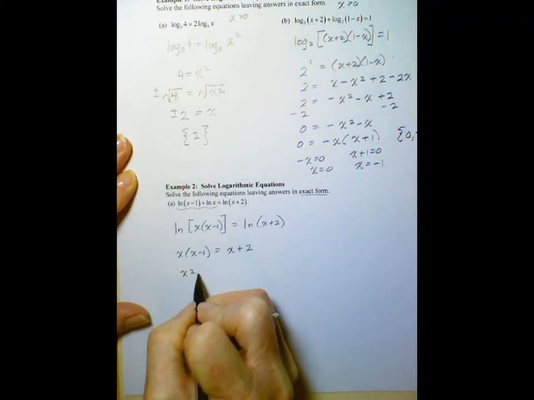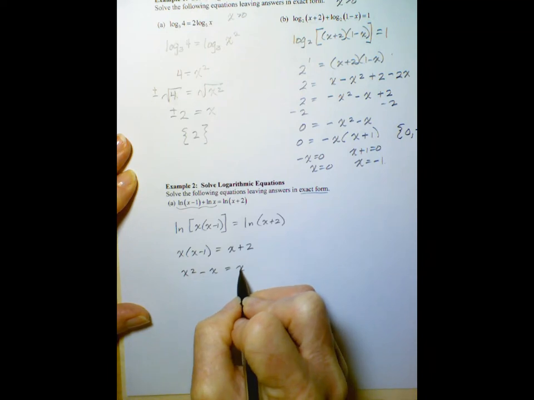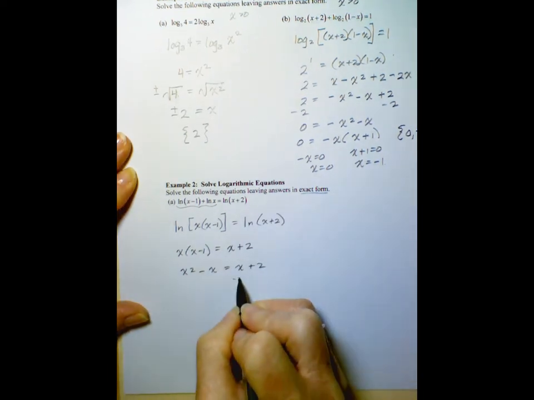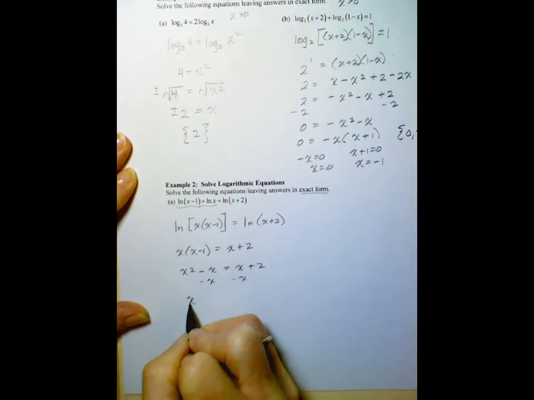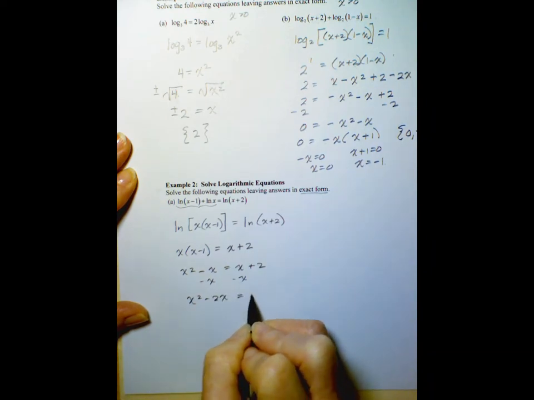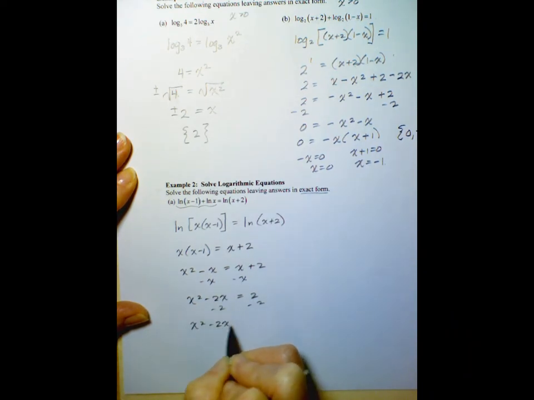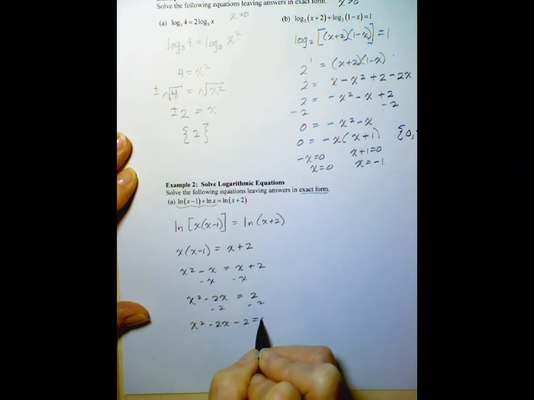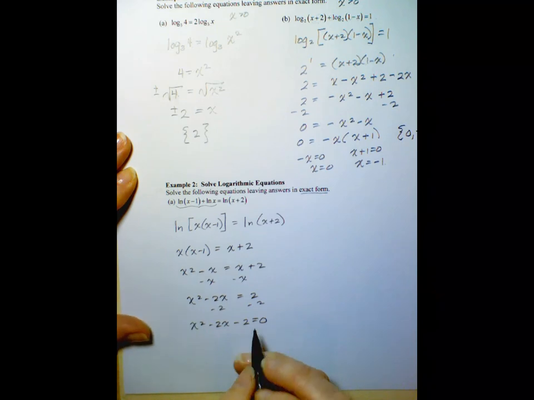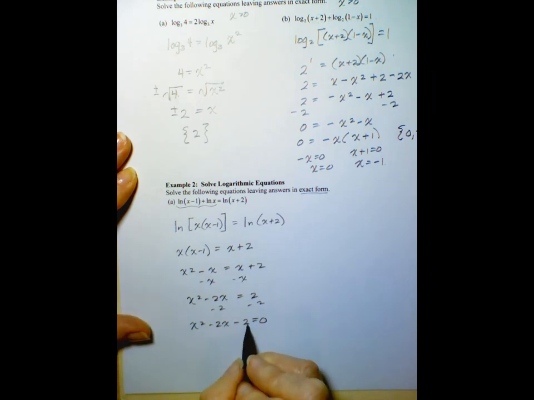So this is x squared minus x equals x plus 2. Let's subtract x. X squared minus 2x equals 2. Subtract 2. X squared minus 2x minus 2 equals 0. Okay, that's not factorable. So let's go to the quadratic formula.